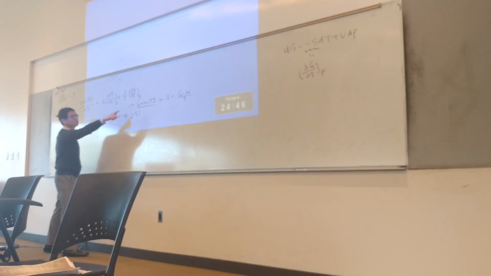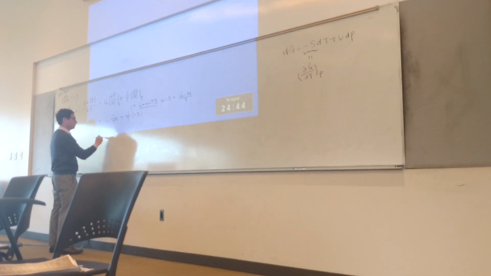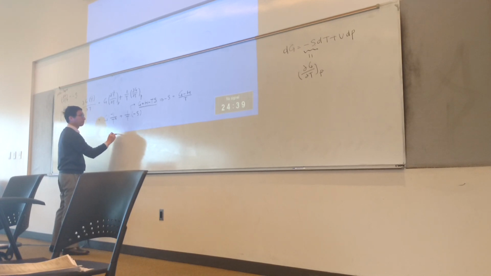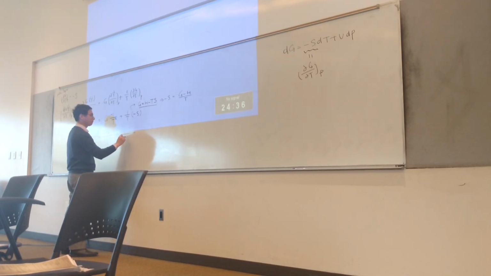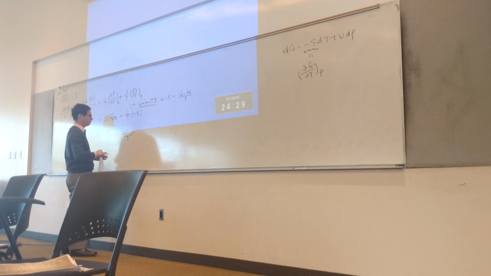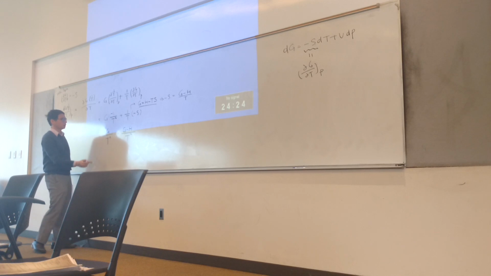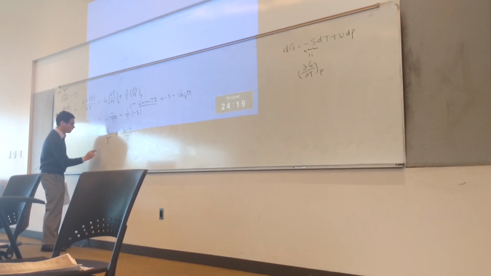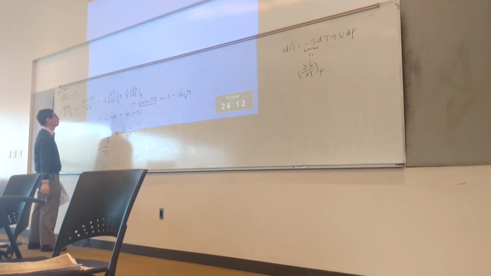So if you put negative S into here, this term and this term are going to cancel out. What you end up with is actually negative H over T squared.